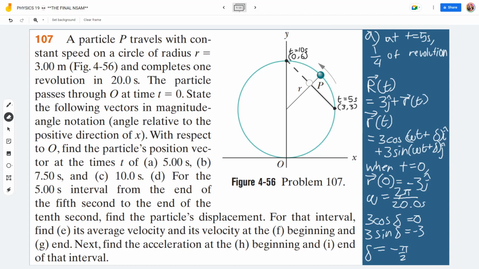Tapos yung displacement, 'di ba? Displacement is a vector. So kailangan natin yung vector pointing from t equals 5 to t equals 10. So that's for letter D. So ano yan?